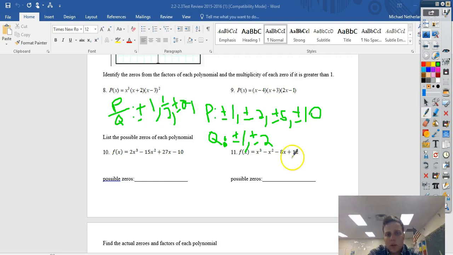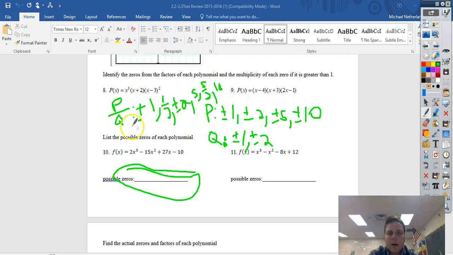I already have plus or minus 1, okay? 5 over 1, that's just 5, so plus or minus 5. Alright, 5 over 2, so that's just plus or minus 5/2. 10 over 1, so that's just plus or minus 10. And then 10 over 2 would be plus or minus 5, which I already have, so I don't need to write it again. So those are all your possible zeros. I should have written them right here because that's your answer box, but these are all the possible answers.